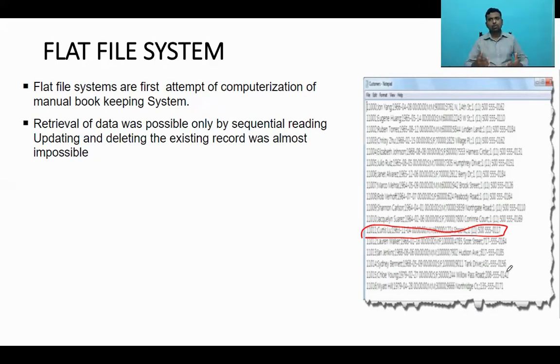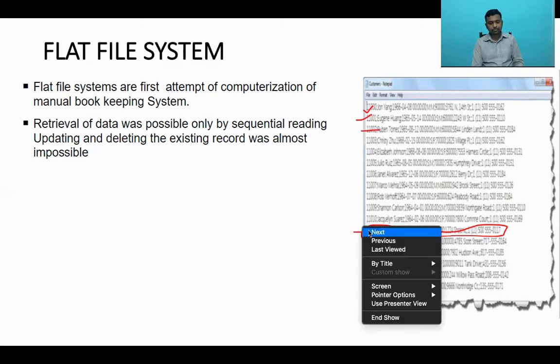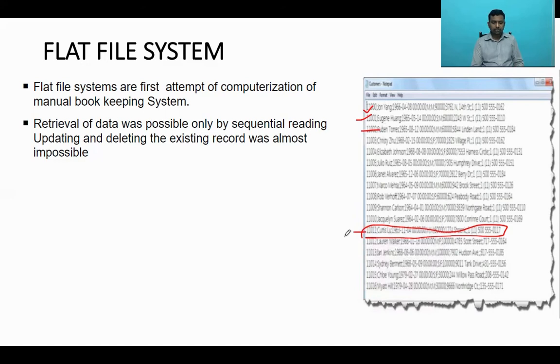If I store my data using a flat file system and then want to retrieve it, my program starts reading from the first line. Is my data there? No. Read the second line, no. Read the third line. Like this, every line will be read until it reaches the one I want. So I can read the data only in a sequential manner.